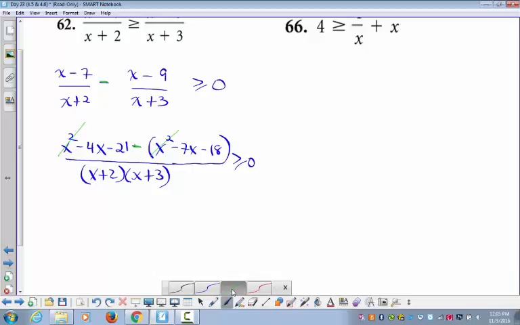So that numerator becomes minus 4x plus 7x, that's positive 3x. Constant, we have negative 21 plus 18, so that's negative 3. And the denominator is x plus 2 and x plus 3, greater than or equal to 0.